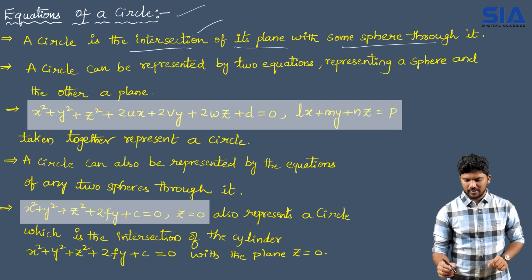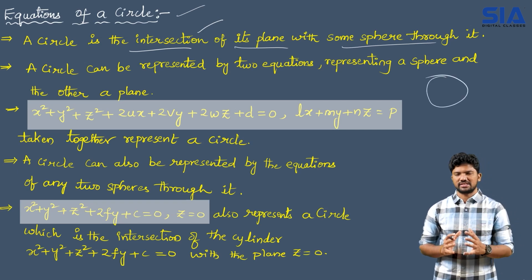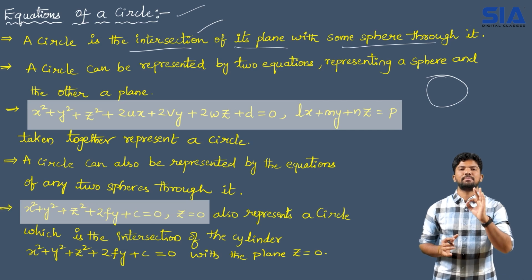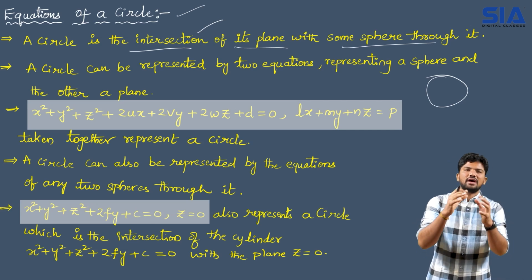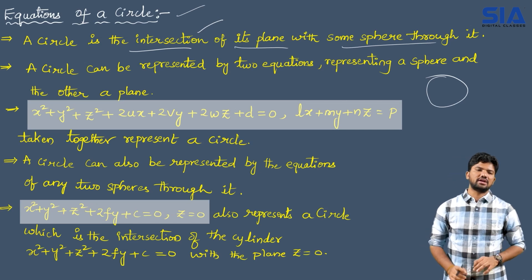Here the main topic is the sphere, but why are we discussing the circle in the topic of sphere? Just remember throughout the chapter and the subject, a circle is the intersection of a plane with some sphere through it. Here a circle is not only a two dimensional shape. In spheres, a circle is always represented by a plane intersecting a sphere. Only then is it called a circle.